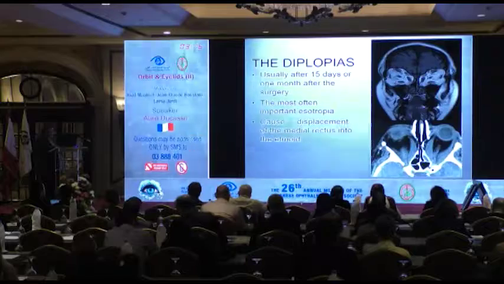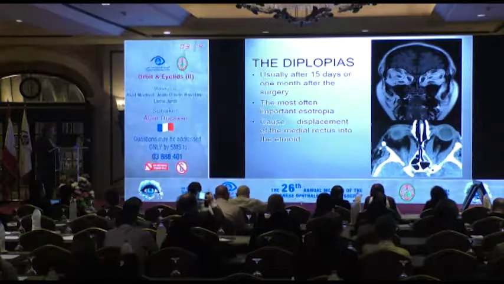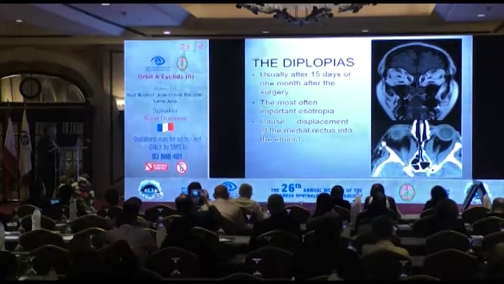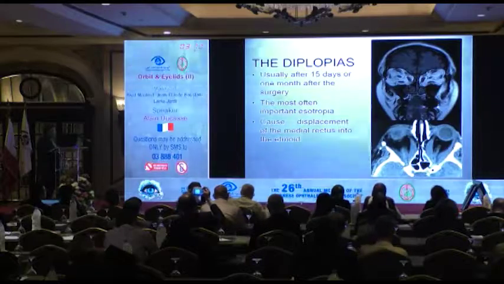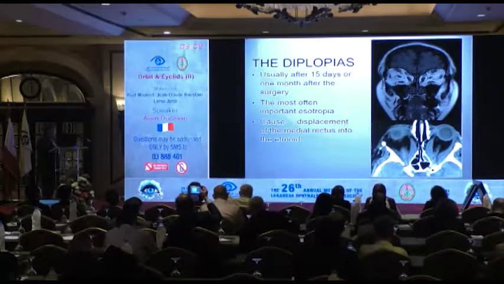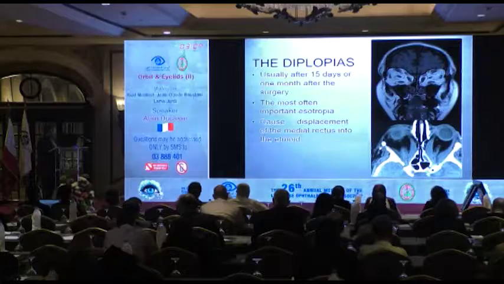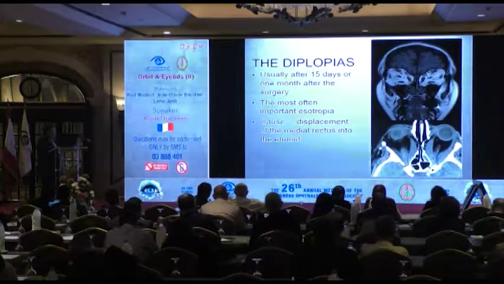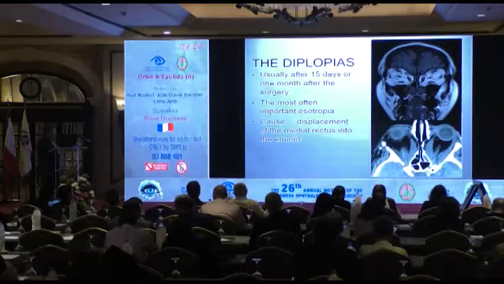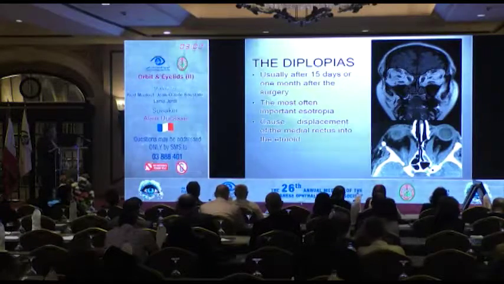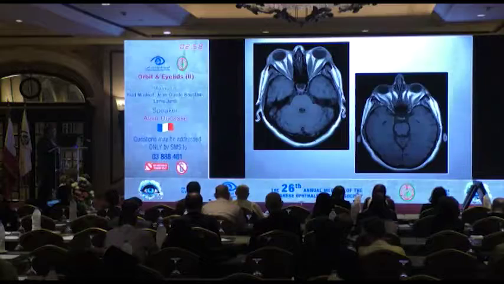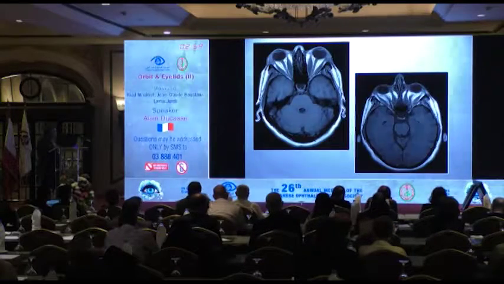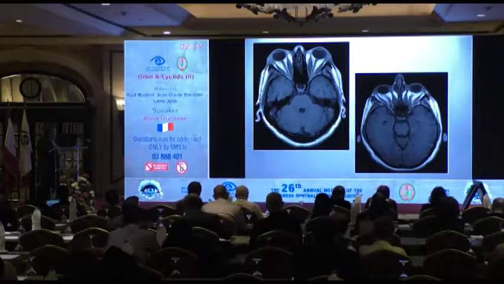And the diplopias are usually delayed, 15 days or 1 month after the surgery. Very often there is an important esotropia. The cause is the displacement of the medial rectus into the ethmoid, as you can see here, before the surgery on the left, and after the surgery on the right.